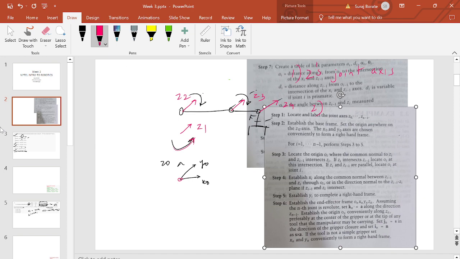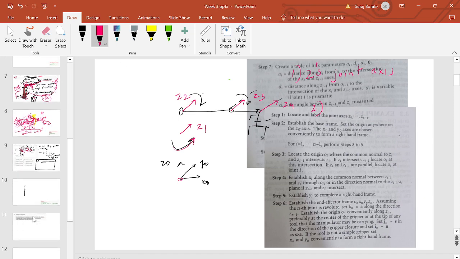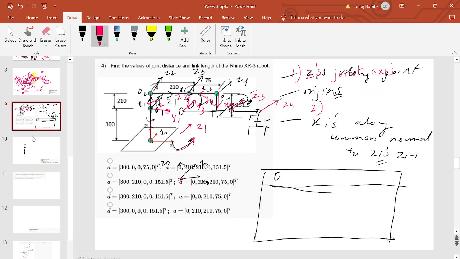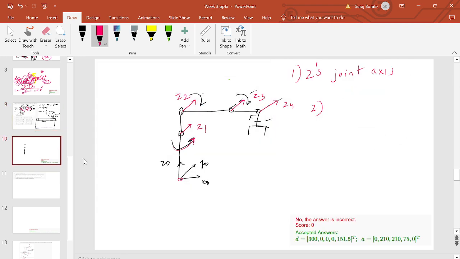For this particular question, we don't have to do that because they have given it to us. We could have arbitrarily chosen x0, y0 perpendicular to z0, and located o0 anywhere along this axis, but we will choose to locate it at the joint.